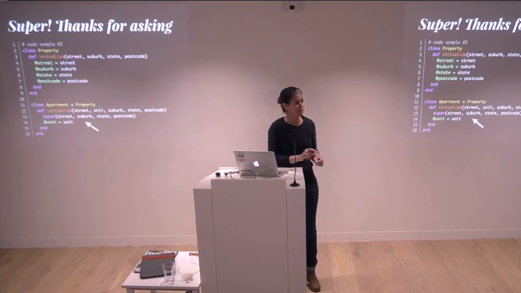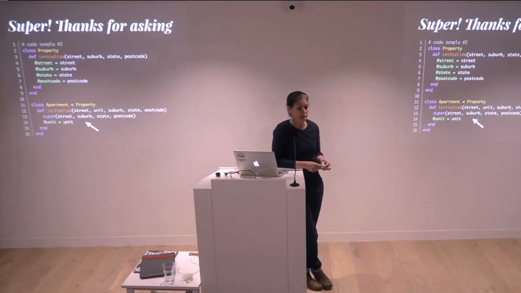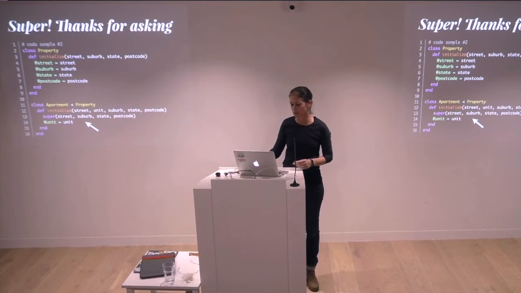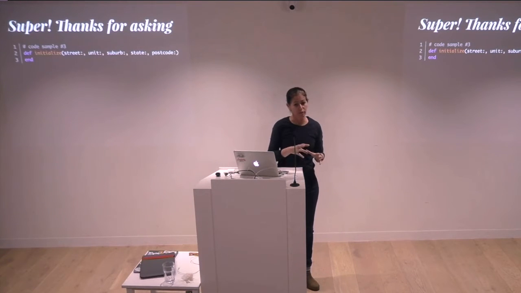The problem is that there is a specific order for the arguments to come in, and unit is stuck in the middle, so we have to call super first. To fix that, we can use keyword arguments instead. Then we're removing the dependency on the order in which you pass the arguments. Much better.